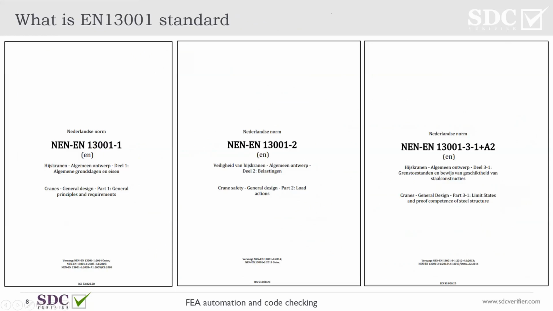So here we have EN 13001 itself, which mainly consists of 3 parts for the crane structures. When you dive into the details of this standard and compare it with other national and industry standards, it becomes clear that this is a new standard that employs a unique approach to calculate both strength and fatigue of the cranes.